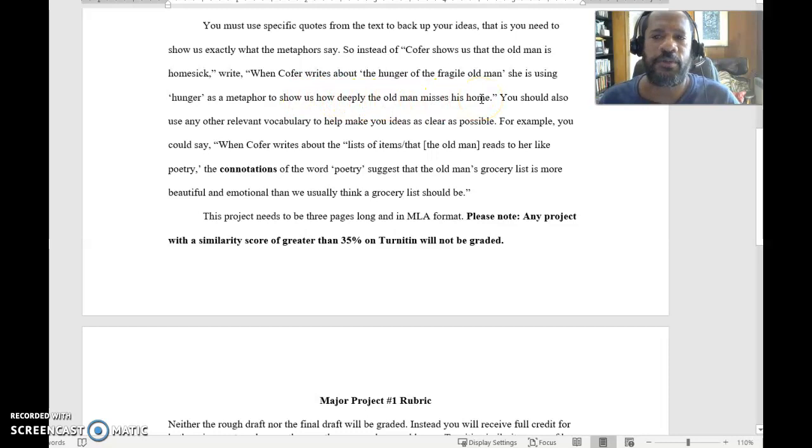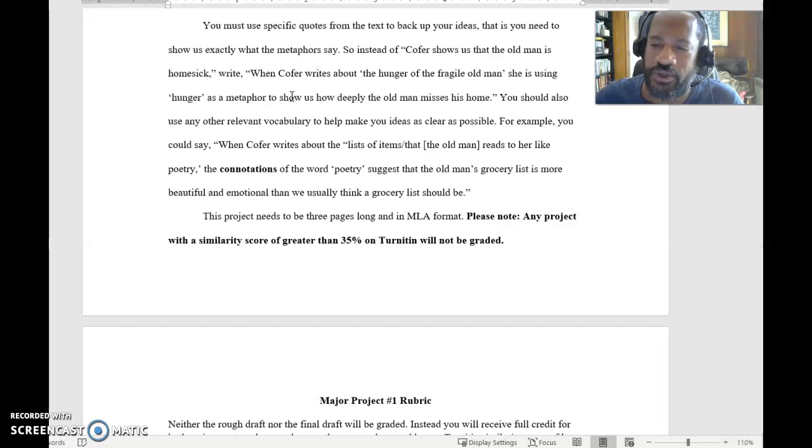And see, what I'm doing is showing you how the metaphor actually operates. What is it we're able to learn from that metaphor of hunger? Hunger is not literal hunger. It's not like this old man's got a pit in his stomach and just needs to eat something. He is hungering for something else, right? And so the hunger is a metaphor to show us how much he misses home, because the plain ham and cheese won't satisfy that hunger.